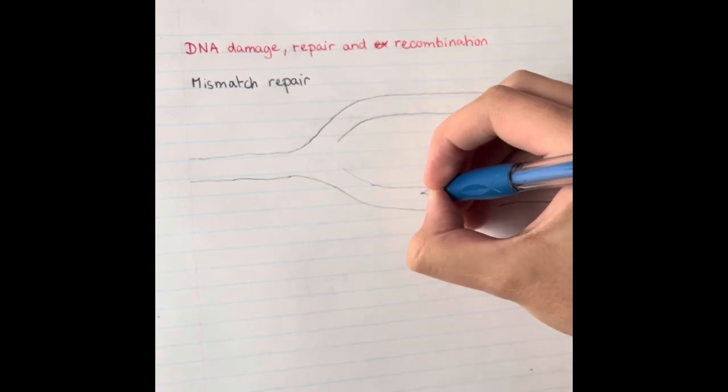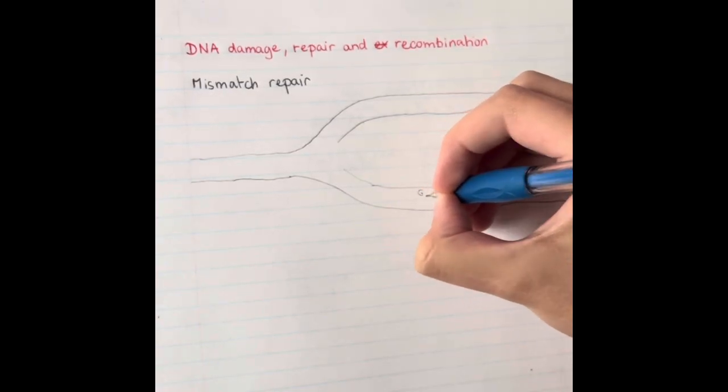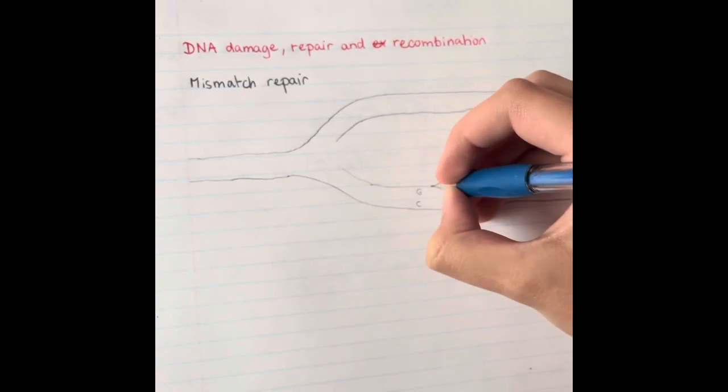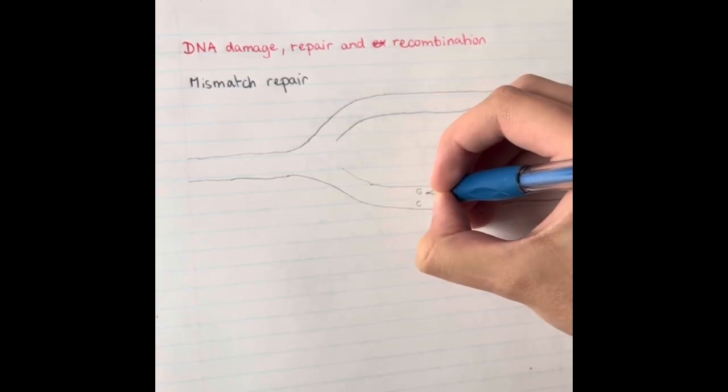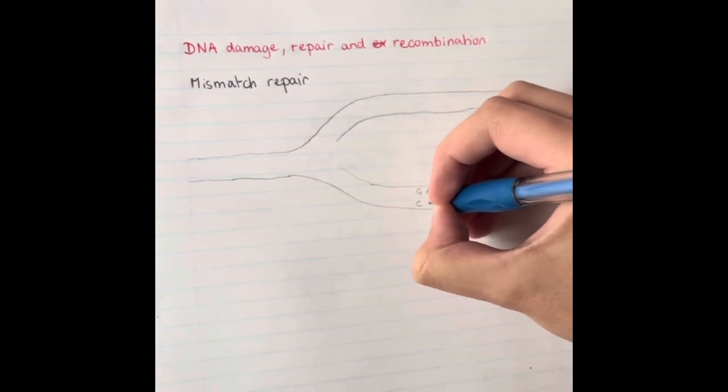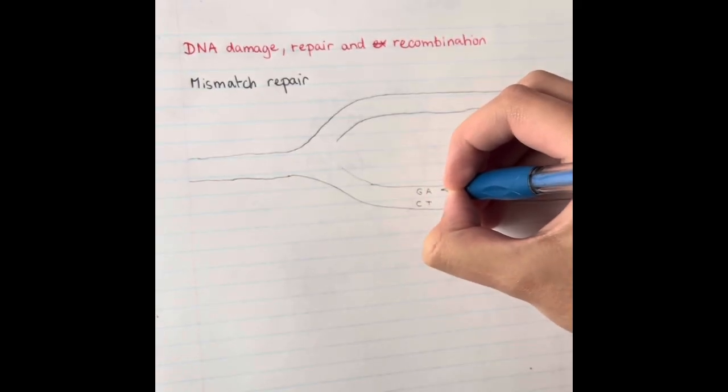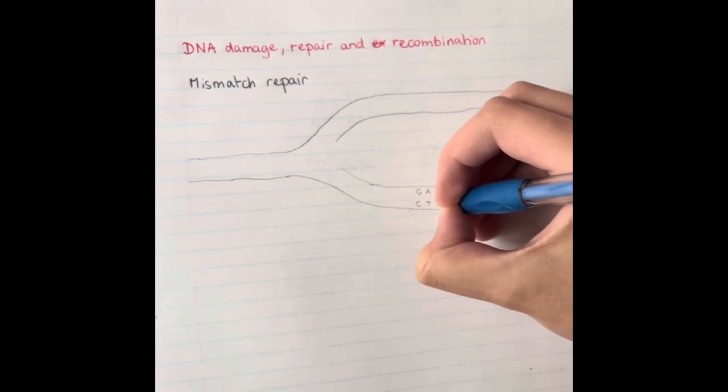And usually you have G paired with C and A paired with T. Now what happens if you have a mismatch?